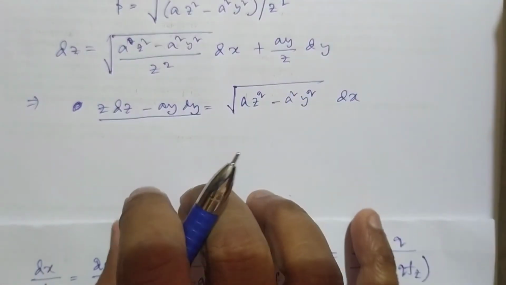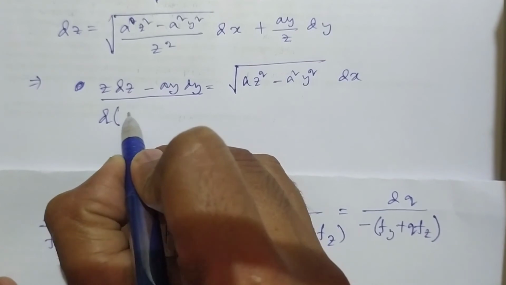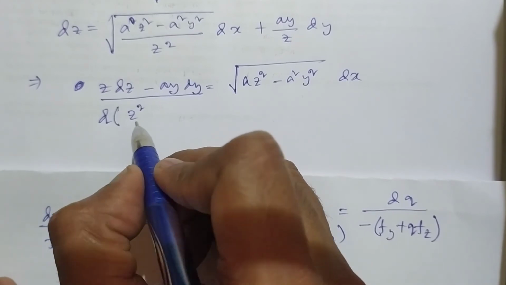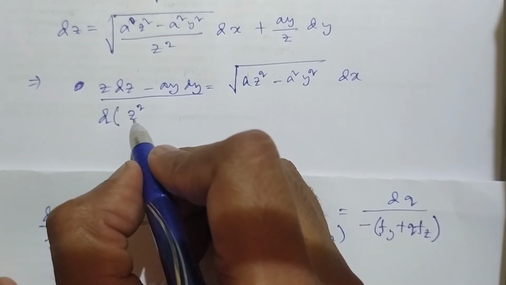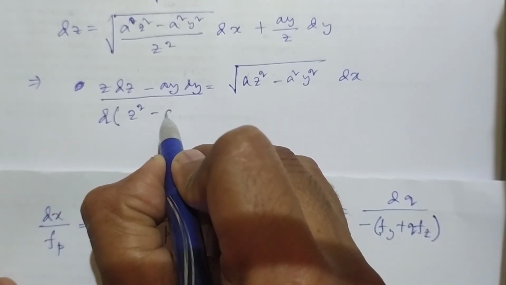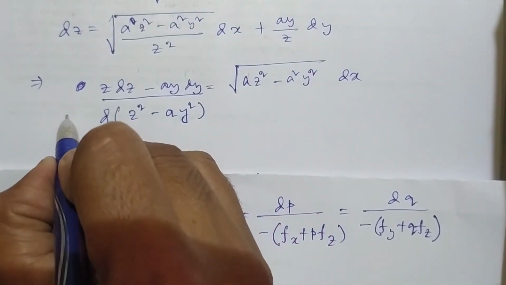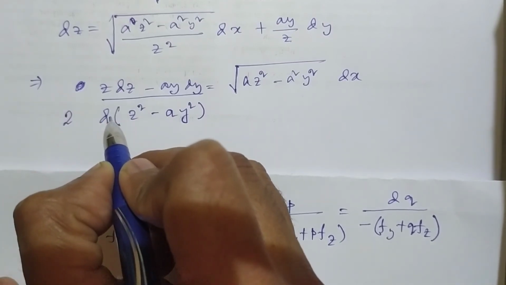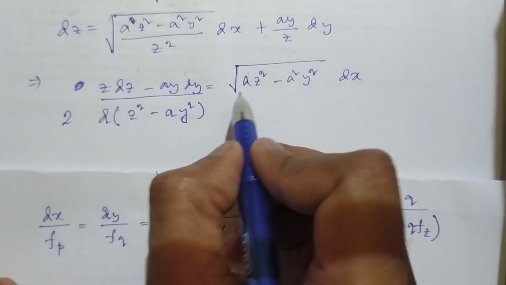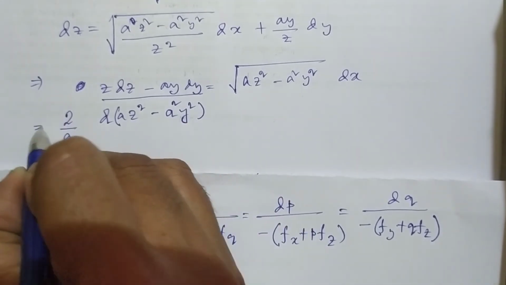This is actually the differential of (z² − ay²). See, the 1/2 should be adjusted, and the 1/a should also be adjusted to this side, so we are writing a² and taking 1/a there.